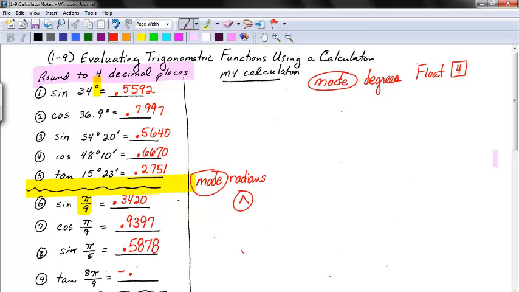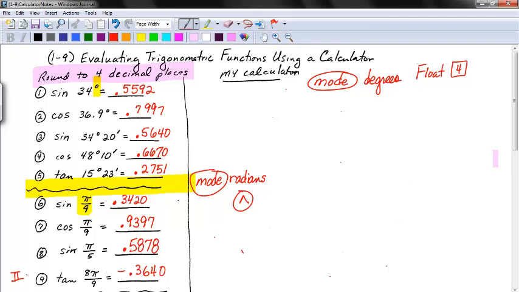What quadrant is 8 pi over 9 in? 9 pi over 9 would be pi. That'd be like 180 degrees. Back it off a little bit. We're in quadrant 2. Tangent in quadrant 2 is negative. So the reason that's negative is because we're in quadrant 2.